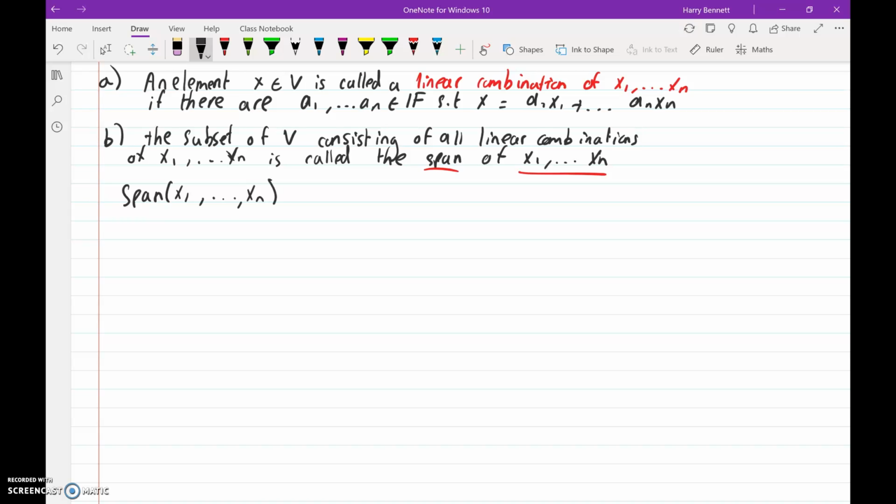Span, or sometimes we might use span with a subscript F just to show us over this field: span_F of x1 up to xn. But that's what we use to denote the span.